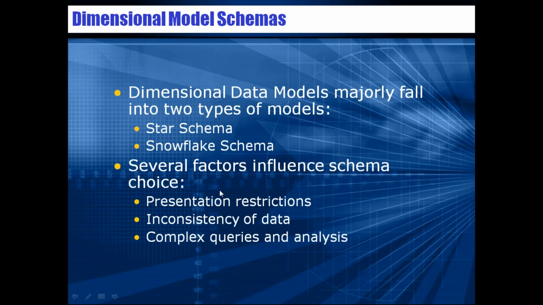That all depends on the presentation restrictions, how efficient the presentation should be, how much inconsistency there is in the data, and how complex the queries are that we are going to fire on top of this model. All these factors may influence which schema we have to use. Once we understand the schemas, we will understand how these factors influence the decision of which schema to go for.